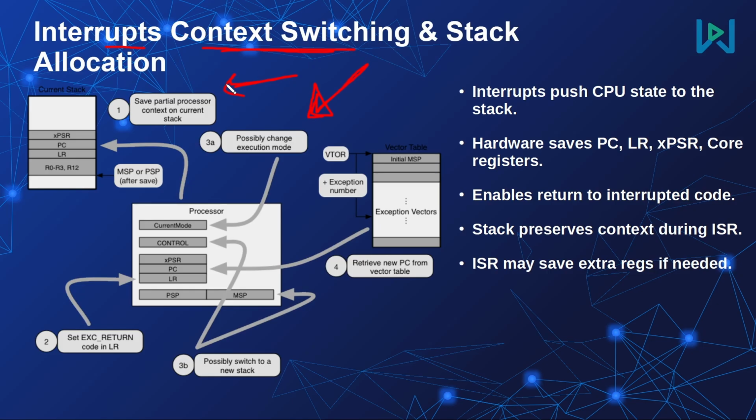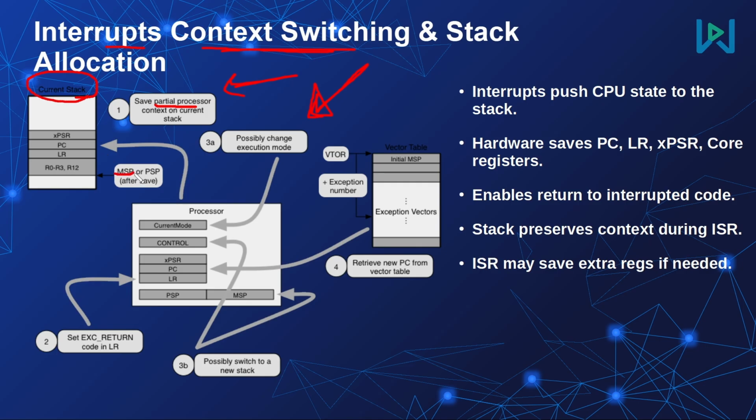If we get an interrupt or exception, then the hardware will do a partial backup of different processor registers, and this backup will be within the current active stack area.